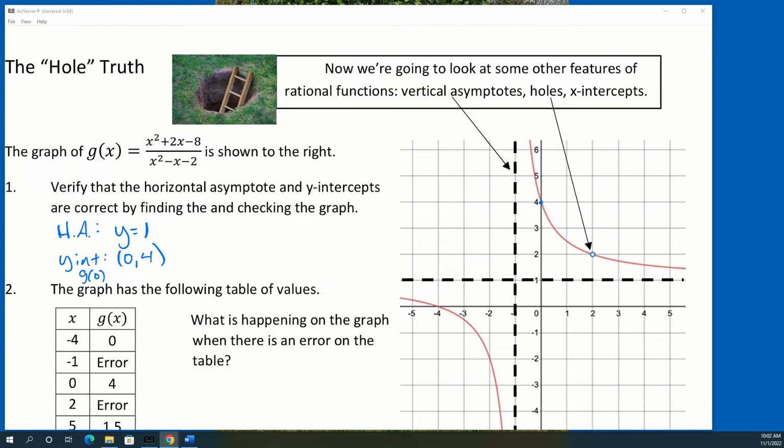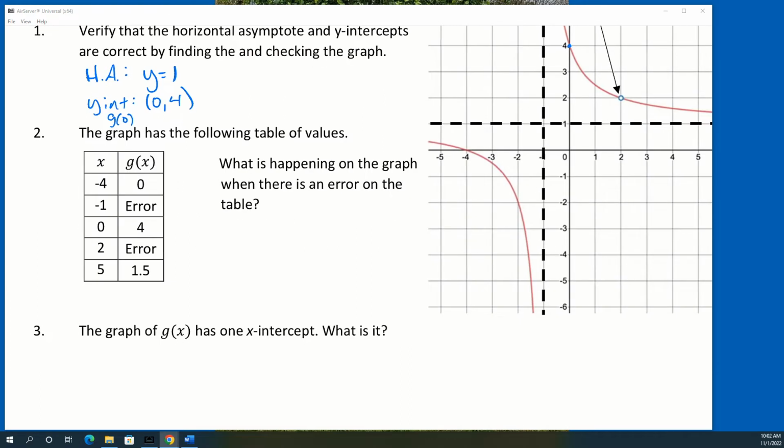Yeah. So if you didn't know, I did draw an arrow from the word. When x is negative 1, that's a vertical asymptote. All right. And what about when x is 2? That's where the hole is.